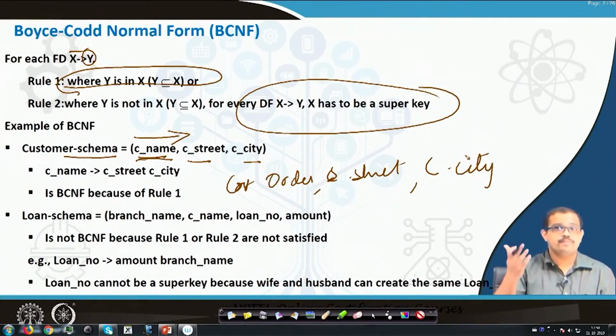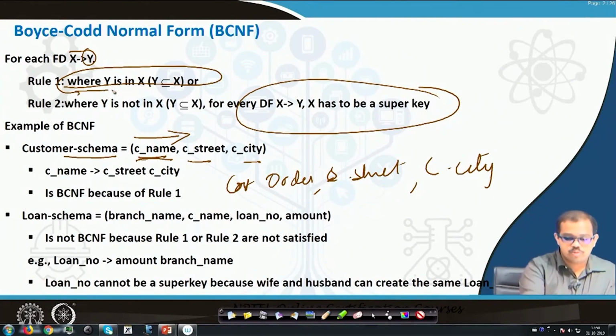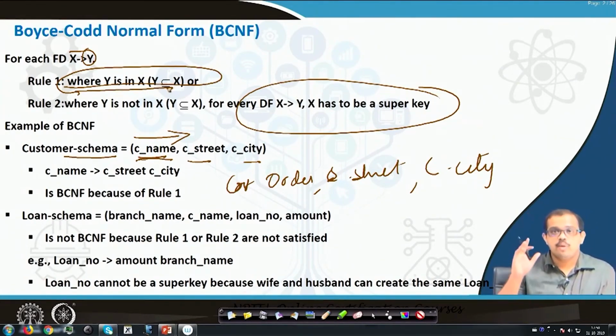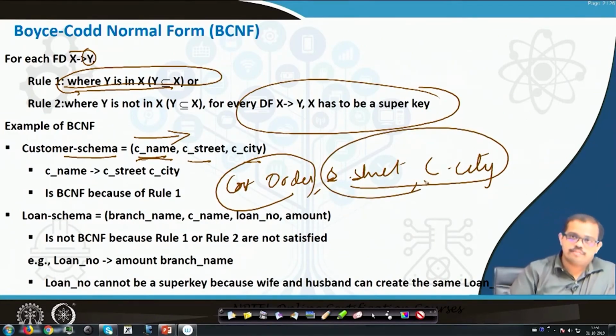There are so many items which may not be delivered, right? So, this satisfies rule number 1, which means y is a subset of x. So, this is an example of being in Boyce-Codd normal form.